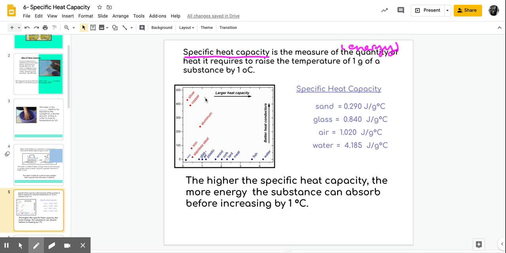However, as we move across the graph, it doesn't have as large of a heat capacity. But for example, water, even fish, believe it or not, have a high specific heat capacity. It takes a lot longer for them to essentially heat up 1 degree Celsius because it needs more energy in order to do that heating up of 1 degree.